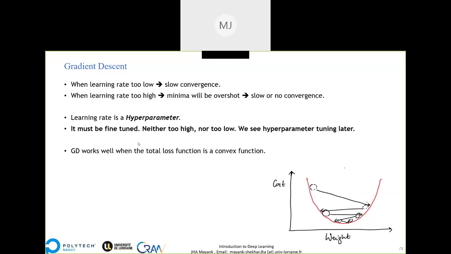So it's a hyperparameter, like many other parameters we will talk about shortly, and it must be tuned. It shouldn't be very high. It shouldn't be very low. And we will see how it is done. But gradient descent works well when the loss function is a convex function. That's usually not the case. Many times you have functions which are non-convex. What to do?